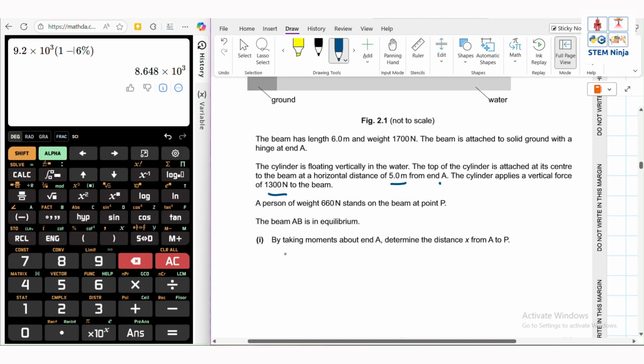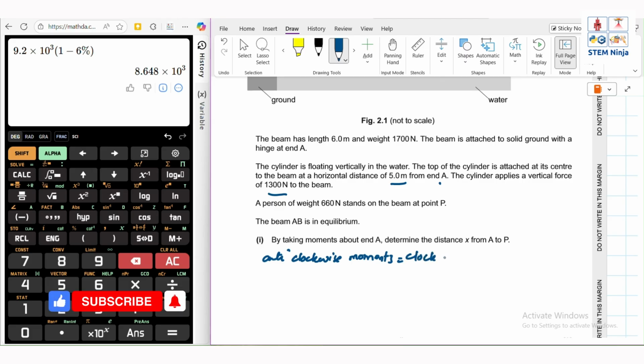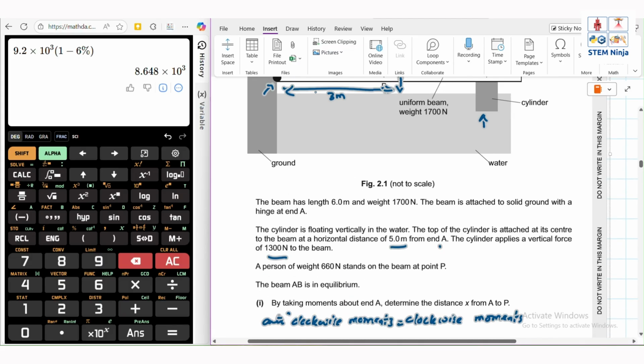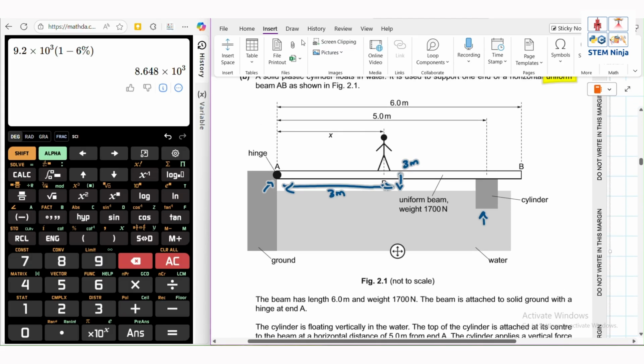The anti-clockwise moment is this one: 1300 at 5 meters.